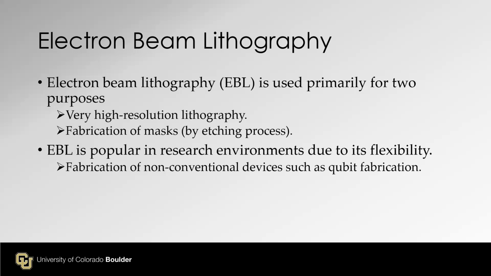So it's not that easy to make small changes with an indirect writer, a contact printer. But for EBL, the E-beam writer is so flexible. You just need to change the design in the CAD file. And in this sense, it suits fabrication of non-conventional devices, such as qubits. Whenever you have to change the design many times, it's so convenient.